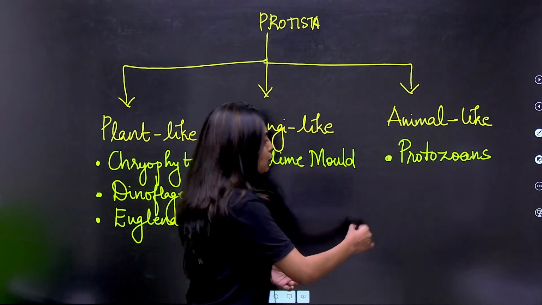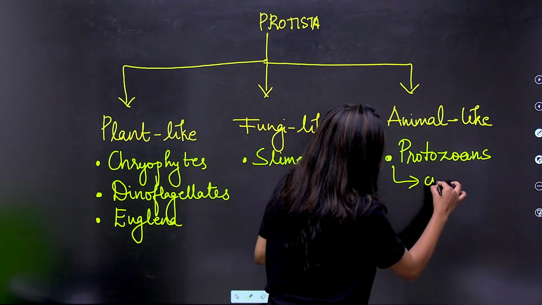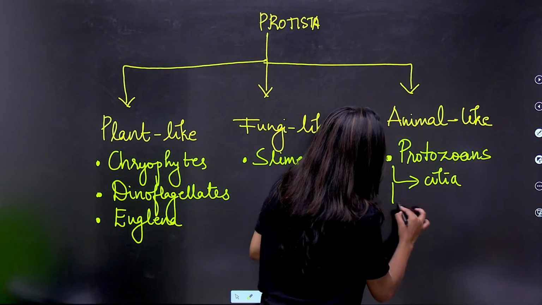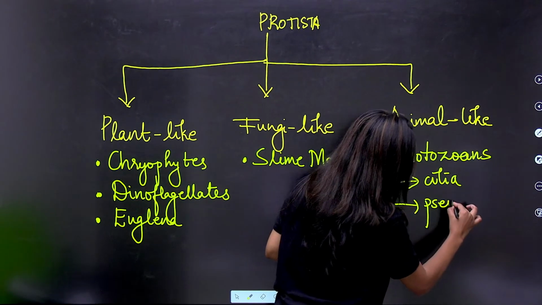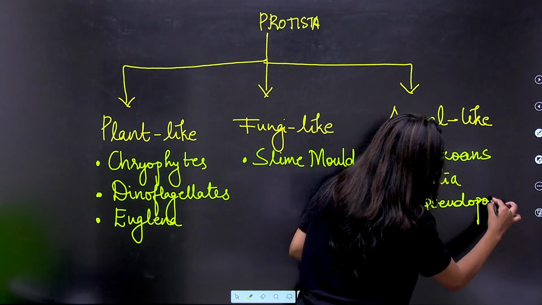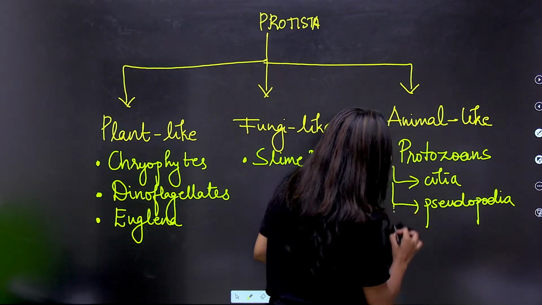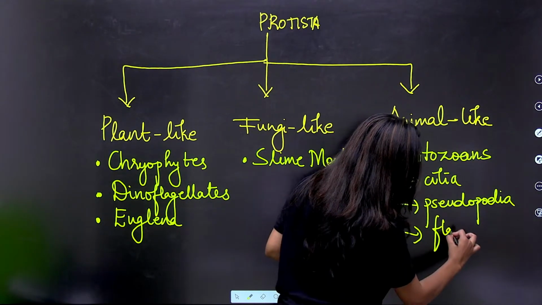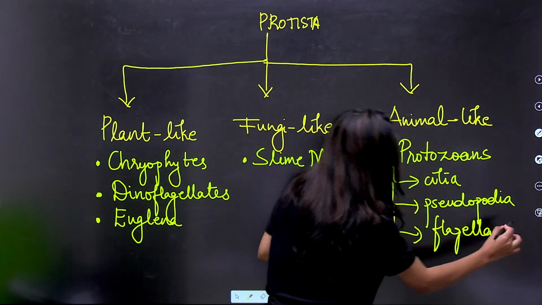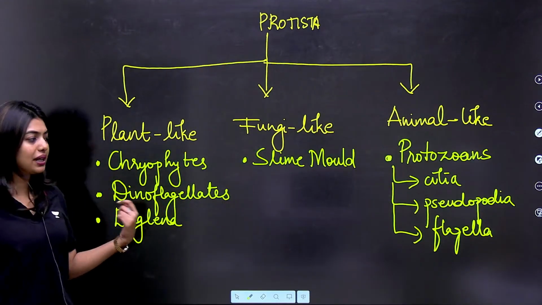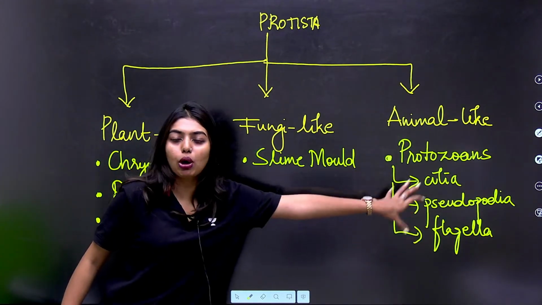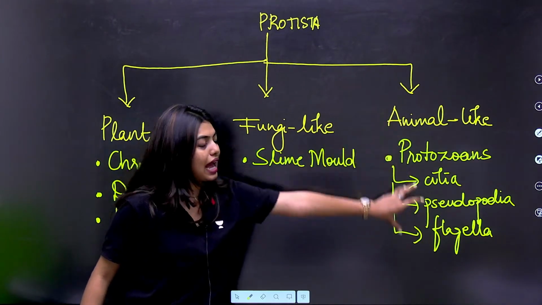Under protozoans, you will see the most locomotion. You can see it by cilia, by pseudopodia, and also by flagella. I'm not saying others do not have flagella, but here they will do proper locomotion. So this is animal-like.